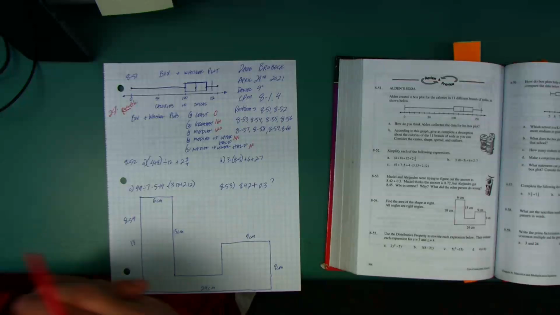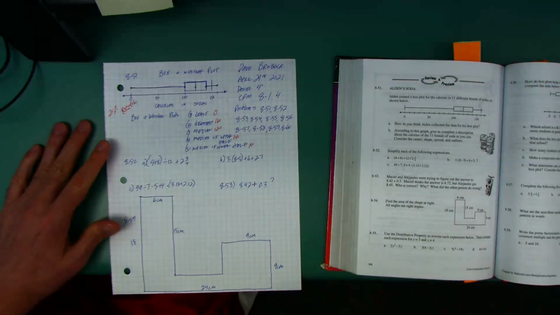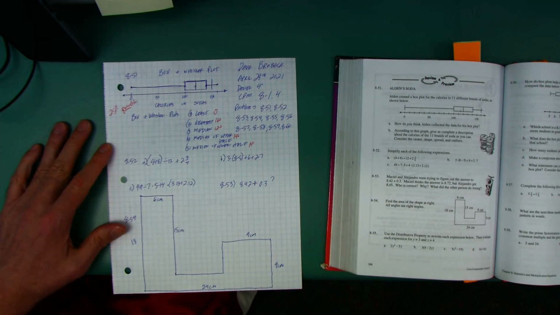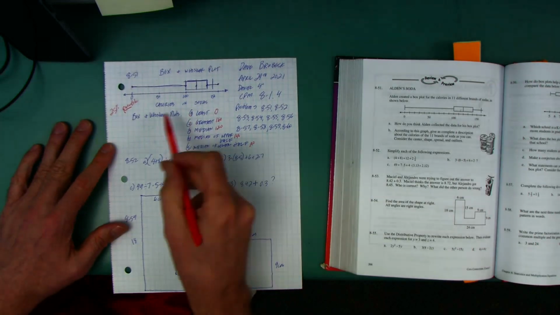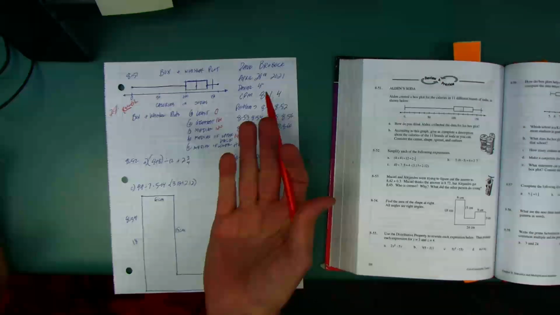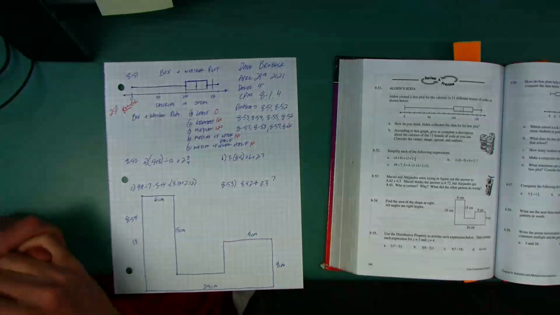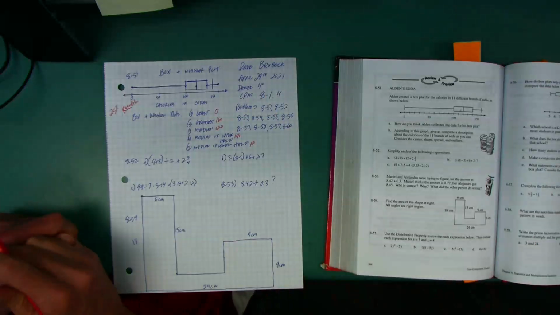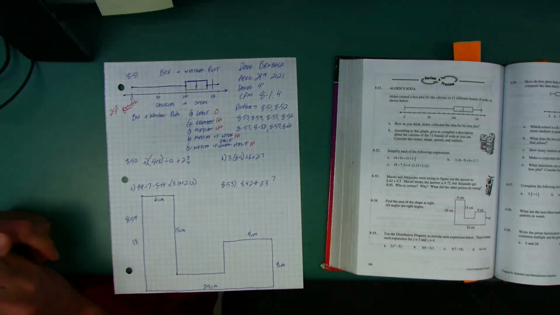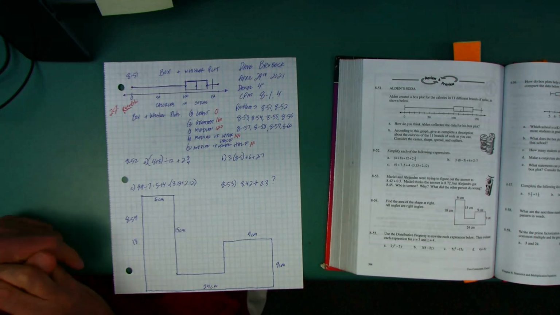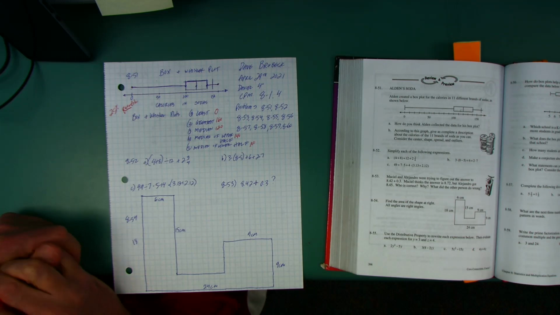So in that first question, it says, how do you think Alden collected the data for his box plot? Now, this is calories in sodas. That doesn't have much to do with the Box and Whisker Plot at all. If you were going to get how many calories are in each can of soda, from a whole bunch of different brands, how would you get that data? Well, you can look it up online. You can Google it. You can look at the side of a can.